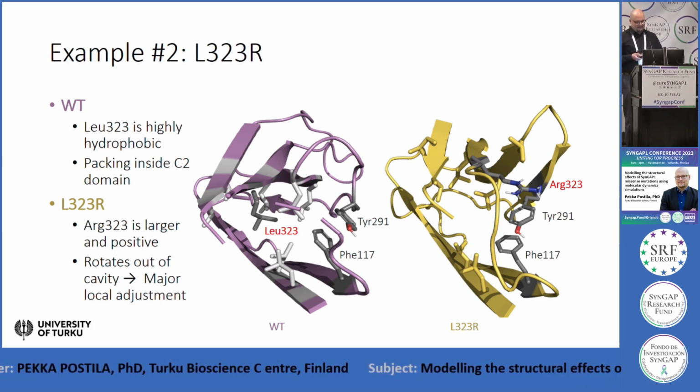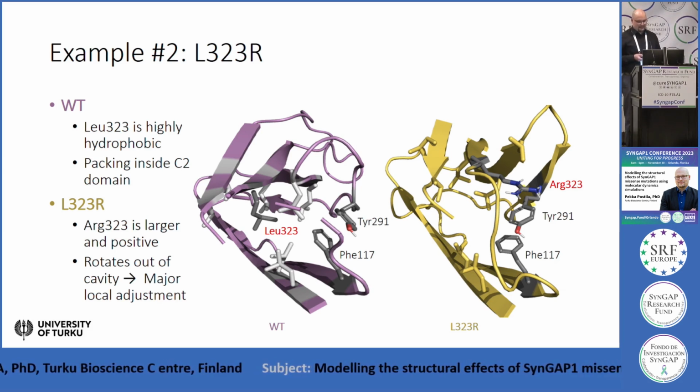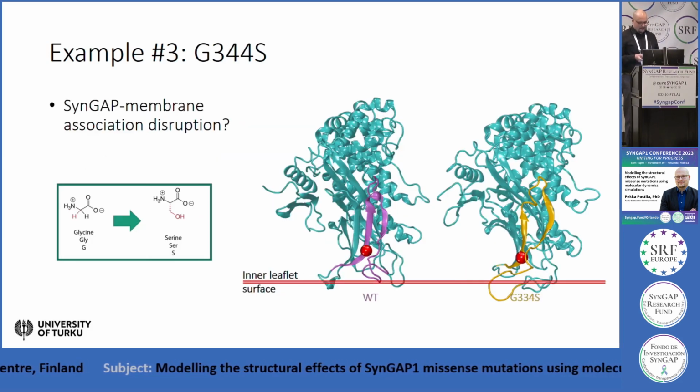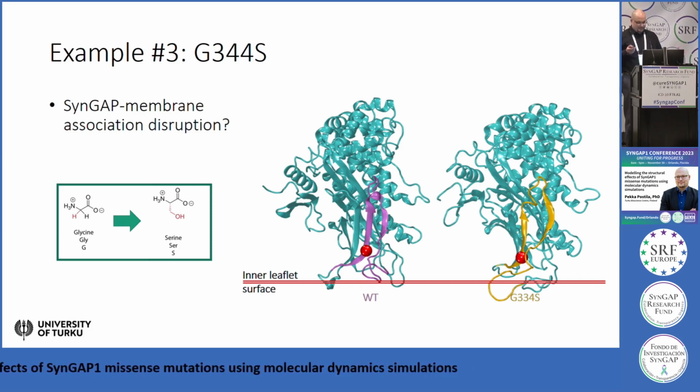And as you can see here, from the magenta to the yellow part of the structure, there's a big effect in the structure. And it's even more obvious once you actually look at it close by. So the arginine has to move out of the pocket, because it's too polar, or charged, for that space. And you get this major adjustment.